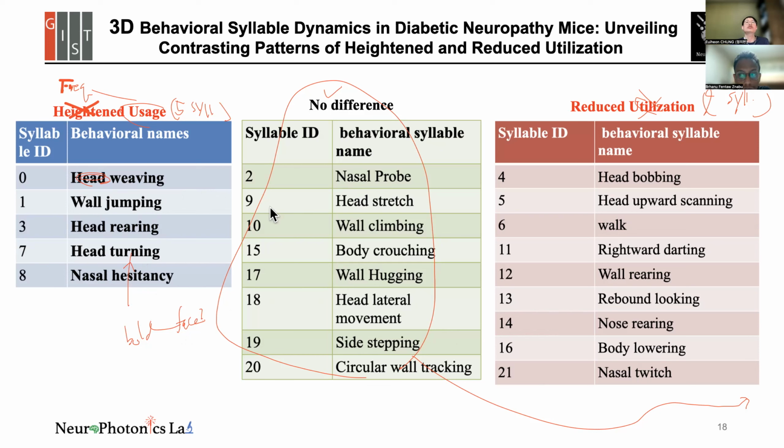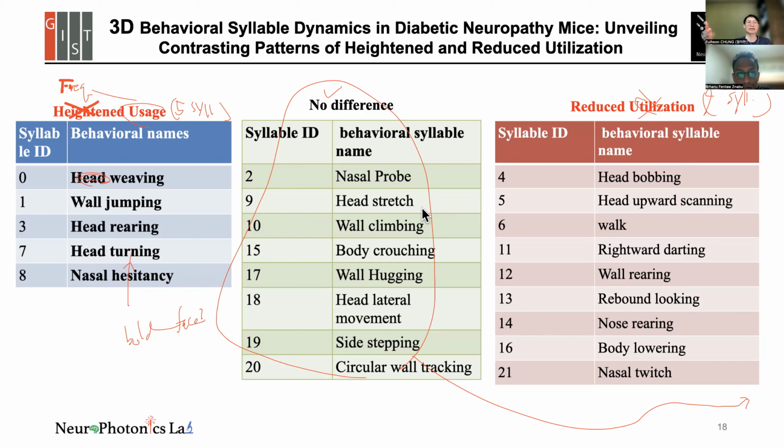I will change the issue. People would love to know about what the wall jumping is, okay, it's head rearing, head turning, nasal hesitancy. How does it explain? Yeah, this one, like the nasal hesitancy, I put all the definitions in. Okay, fine.